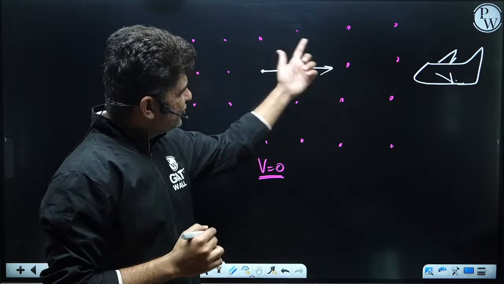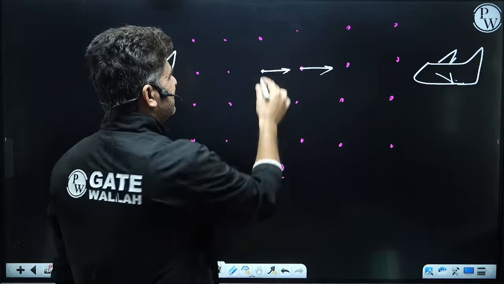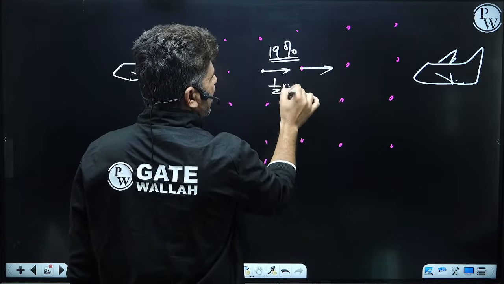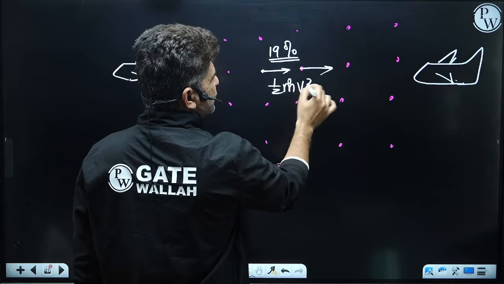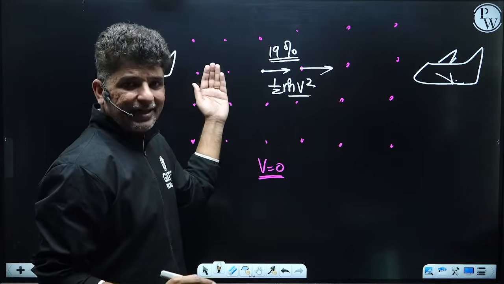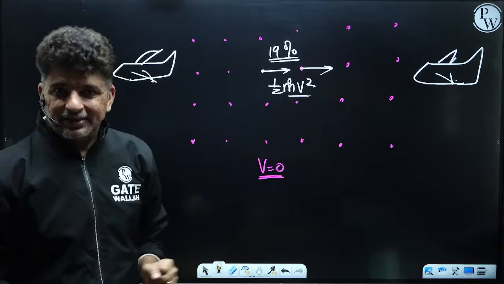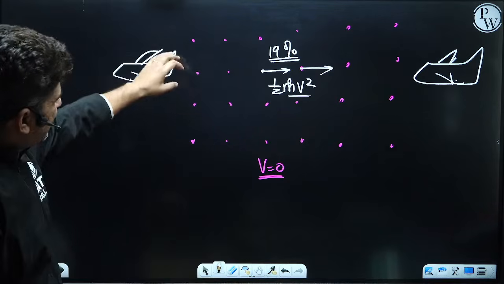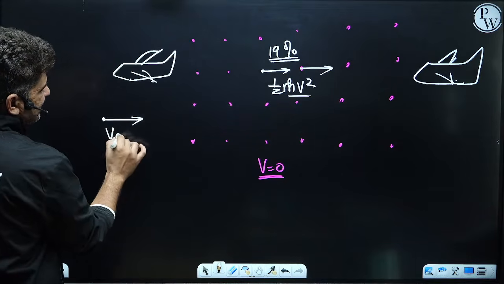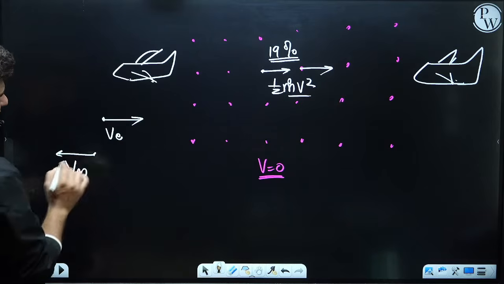And the energy that is available with these particles is that remaining 19%. 19% of the energy is available in the form of half of m dot into v square. So earlier these particles were having zero kinetic energy. Now these particles are actually moving backwards. Is it clear? When this aircraft has moved out, it has thrown particles at velocity v exit, and this aircraft was moving in this direction with velocity v infinity.